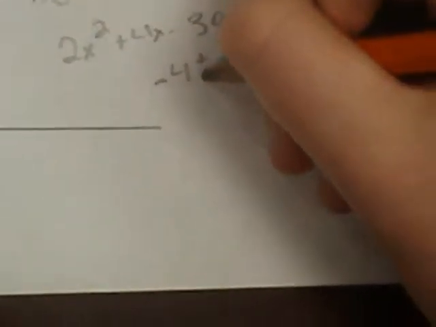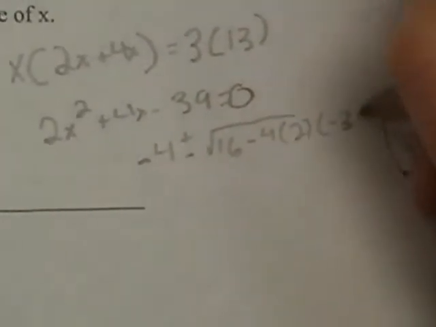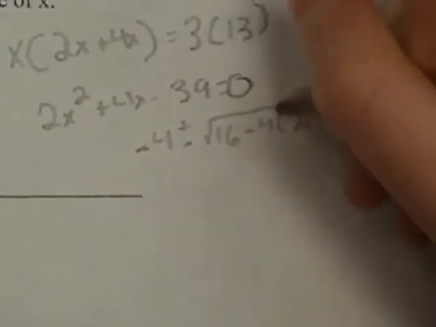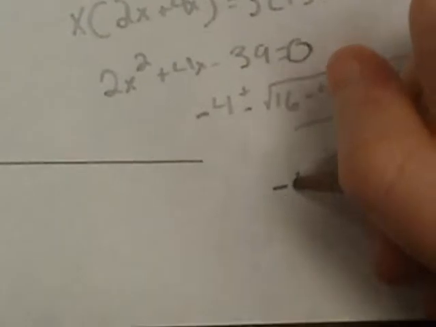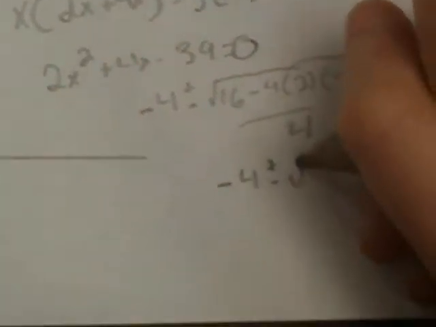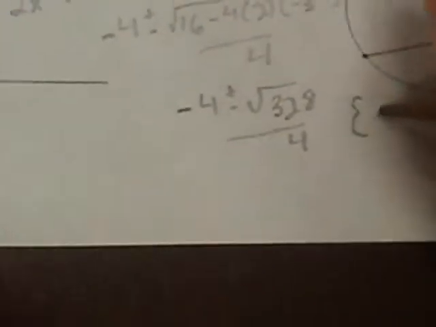We would get negative 4 plus or minus the square root of 16 minus 4 times 2 times negative 39, and then over 4, and then we would get negative 4 plus or minus the square root of 328 over 4, and we would get the numbers after finding the positive and negative of that.